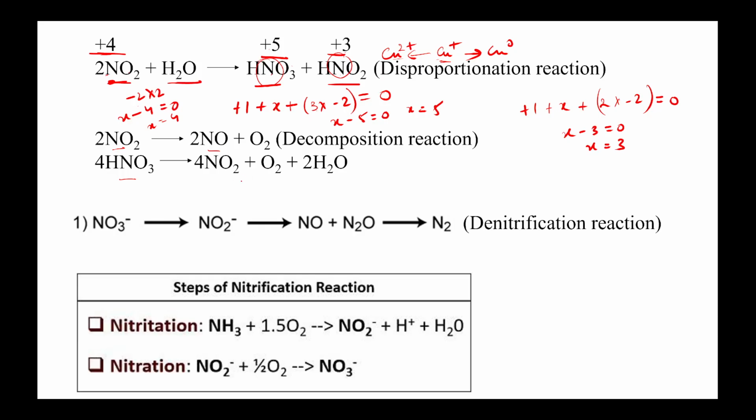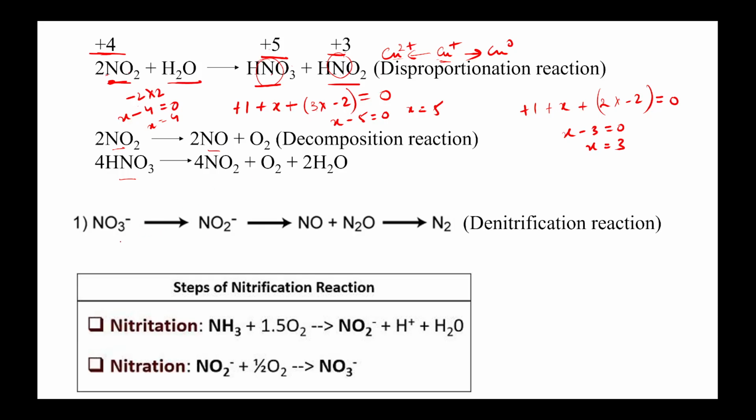So basically it is simplification of the molecule as we go ahead. Decomposition, by the name itself you can understand, means breakdown. So the molecule is breaking down into simpler forms.